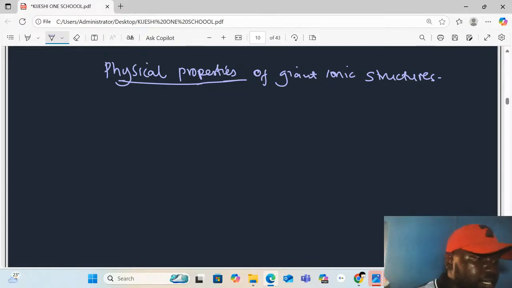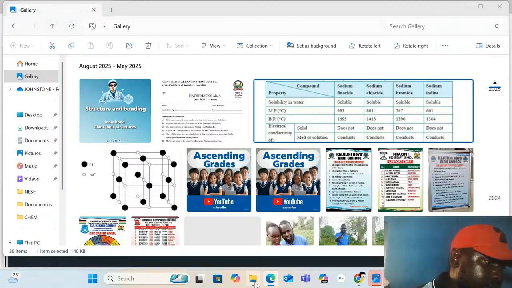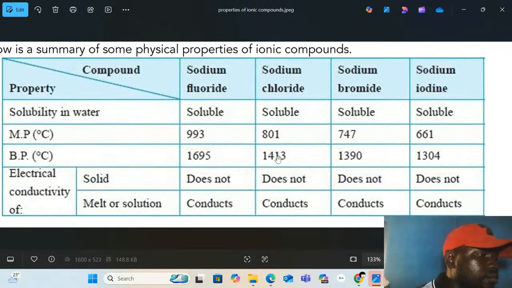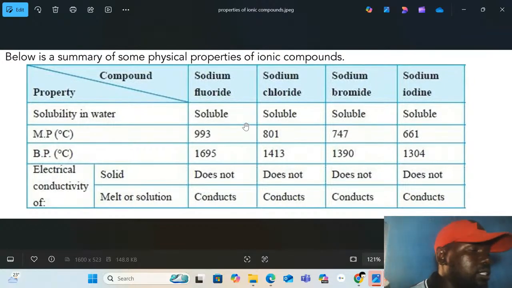I have a summary, so let me open it. Now this is a summary with 4 different compounds and their properties, and we start with solubility in water.